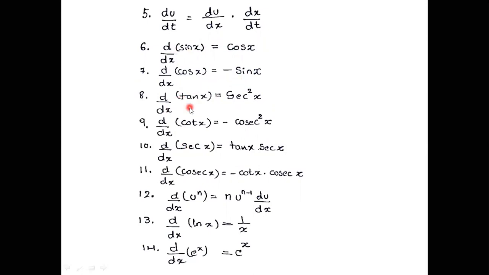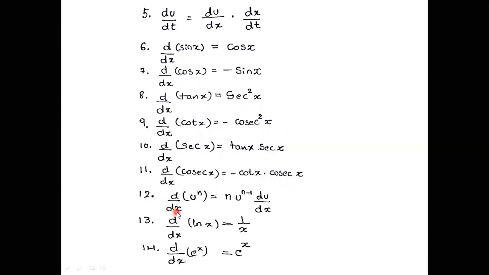Differentiation of tan x will be equal to sec squared x. Similarly, differentiation of cot x is minus cosec squared x. Differentiation of sec x is tan x times sec x. Next, differentiation of cosec x is minus cot x times cosec x.